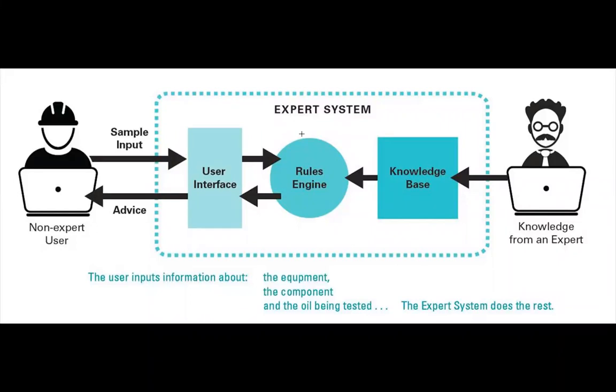Applications of an expert system. 1. Information management. In information management, you can use expert systems. 2. Hospitals and medical facilities. You can use expert systems. Help desk management. We have employee performance evaluation. We have loan analysis. We have virus detection.